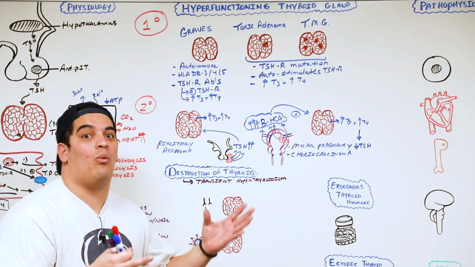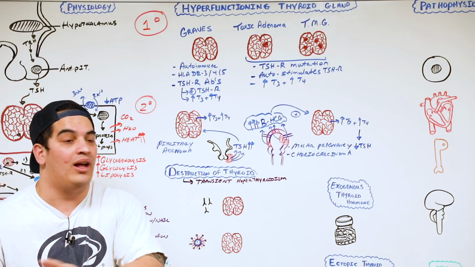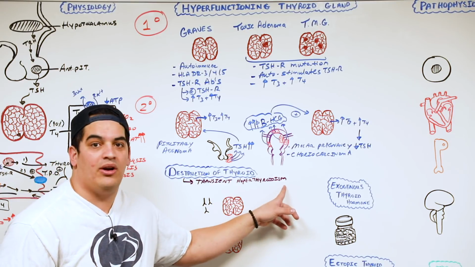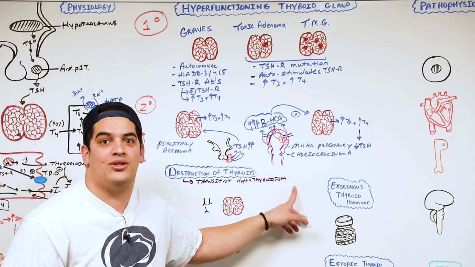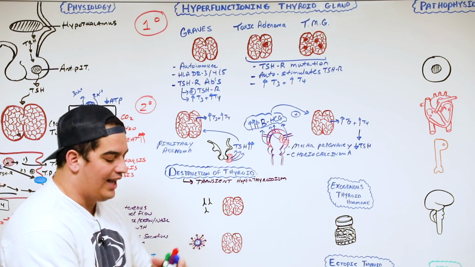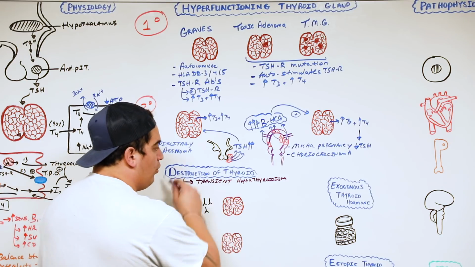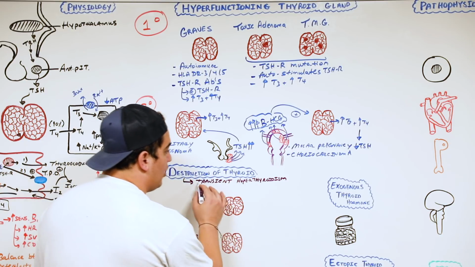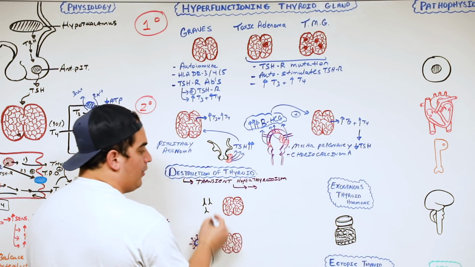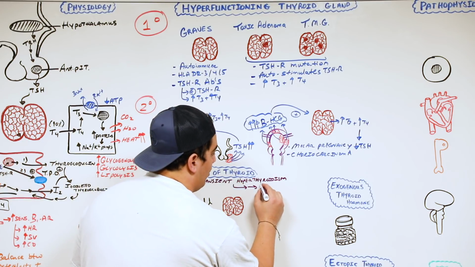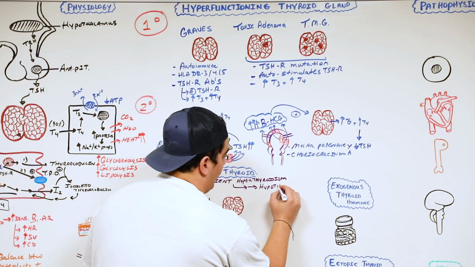So what do they start converting into after this transient period of hyperthyroidism? After you destroy enough follicular tissue, it'll then progress into hypothyroidism. I can't stress the significance of this enough. When you destroy the thyroid gland, these causes produce a transient hyperthyroidism, but with continued destruction of the thyroid tissue, this can lead to hypothyroidism.